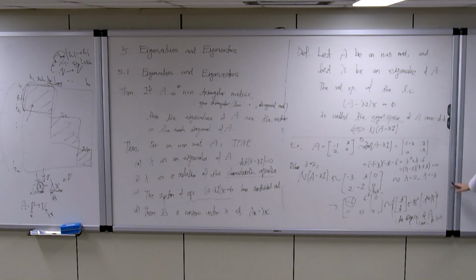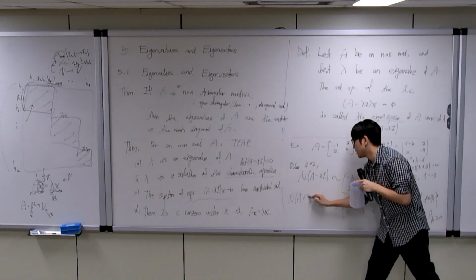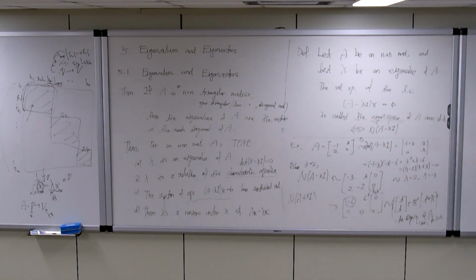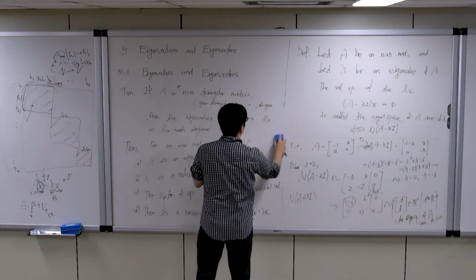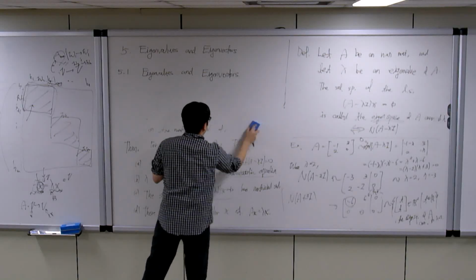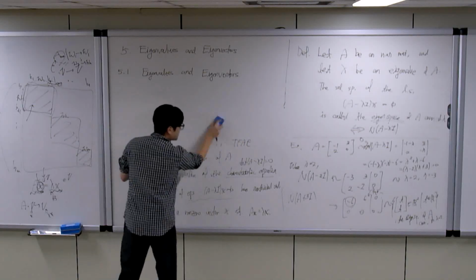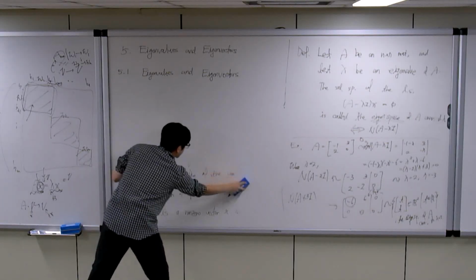And if you calculate for minus 3, that means the eigenspace of A corresponding to minus 3 is the null space of A plus 3I.